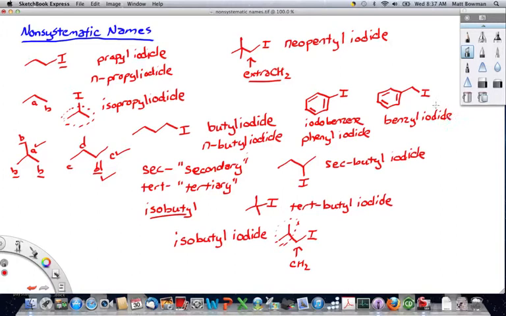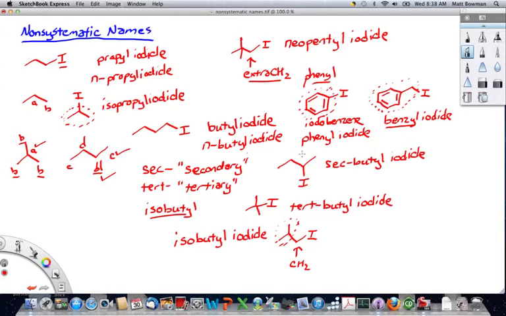It's just an unfortunate name. Keep in mind, the ring itself is called a phenyl ring. But when you add a CH2 to it, it becomes a benzyl group. So, it's unfortunate.